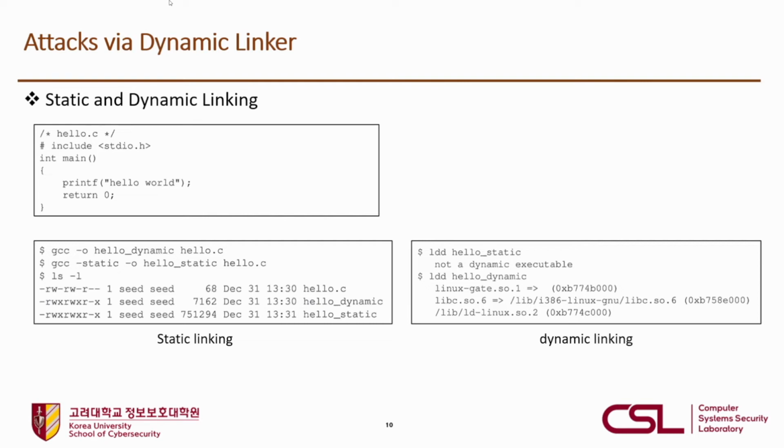Only the addresses of the modules are kept, and then at runtime the necessary ones are retrieved from the shared library. So you can see that the file size of the dynamic linking method is smaller than the static linking method. And as shown in the right figure, you can check which shared libraries the program depends on by using the ldd command.